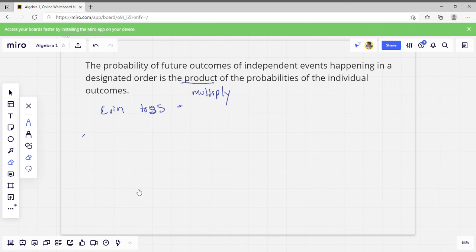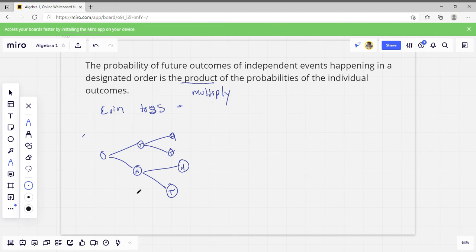Let's draw that. All right, so here's our coin, and we toss it, and we got heads, and we got tails. Okay, those are our 2 chances. Now, on our tails, when we toss it again, we could get heads or tails. On our heads, when we toss it again, we could get heads or tails.